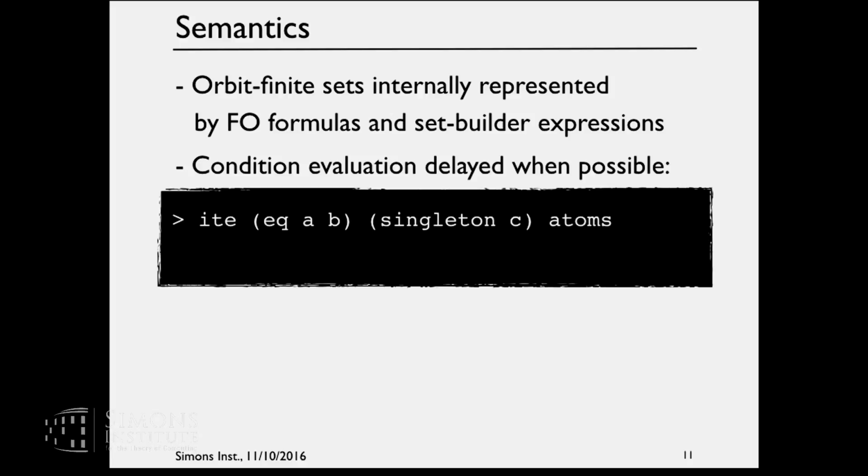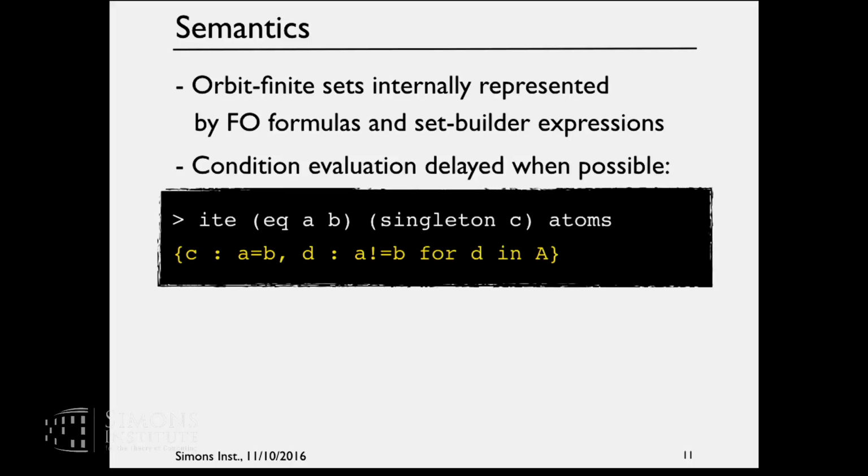This is well typed because this is a set of atoms and this is a set of atoms, so that's fine. But how should we evaluate this? Well, in fact, this evaluates to the following set. It returns the set of the atom C whenever A equals B, and the set of atoms D for every D such that A is different from B. This is the actual symbolic representation of the value here.